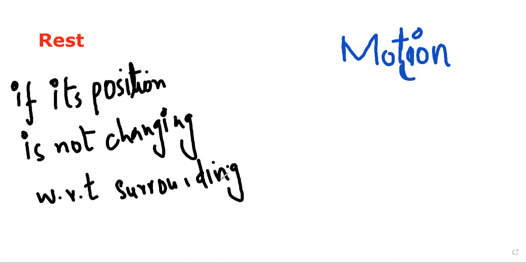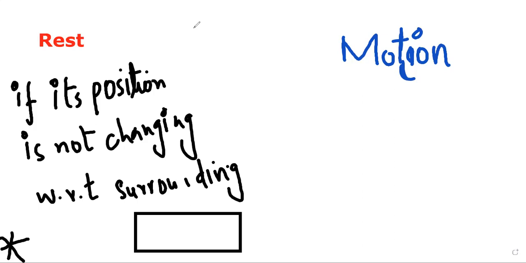Suppose you have an object like this and its position with respect to screen is like this, this is the reference point of screen, this is static position.